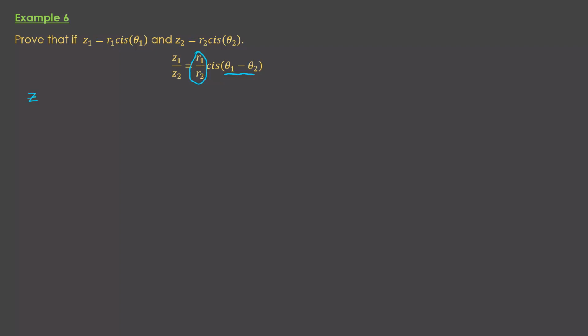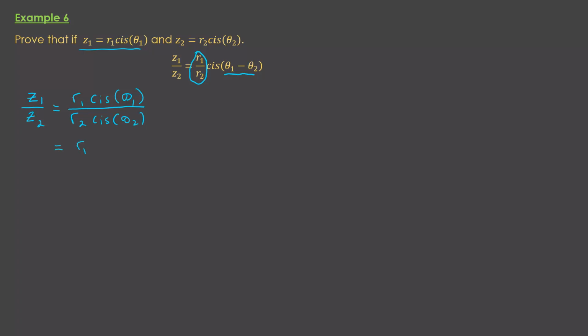So if we're doing Z1 divided by Z2, then from here we can see that we have R1 cis theta 1 divided by R2 cis theta 2.